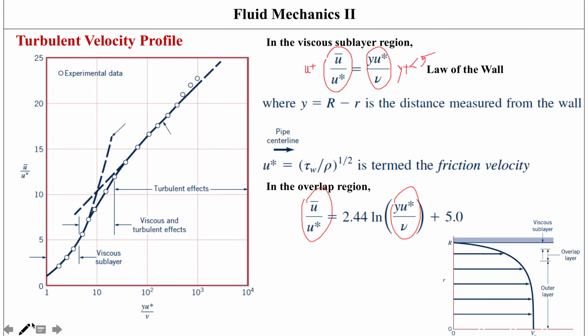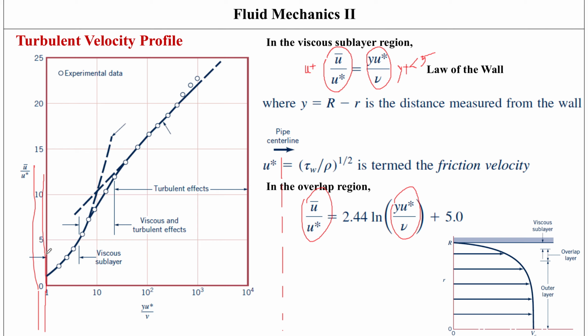So if I was to represent a pipe here, I'm looking at the pipe vertically. So this is my pipe wall, and the center line of the pipe is indicated here. Where is the viscous sublayer going to be?